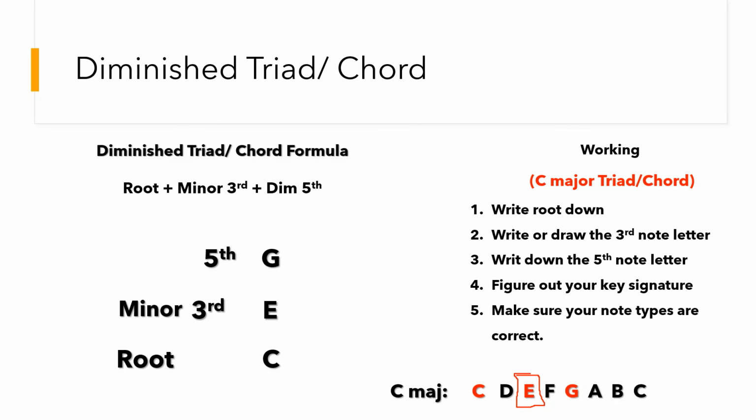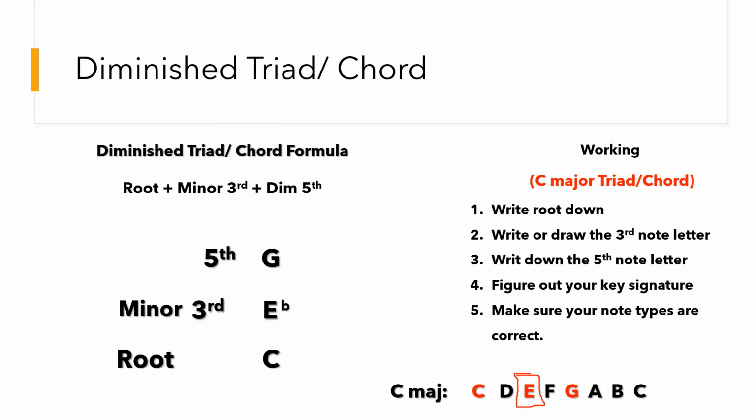That means that this plain E or E natural is a major third because it's within the scale of C major. So in order to turn from major to minor, that means the note needs to be lowered. And in order to lower it, you have to add a flat. Right? I hope you all understand what I'm saying.